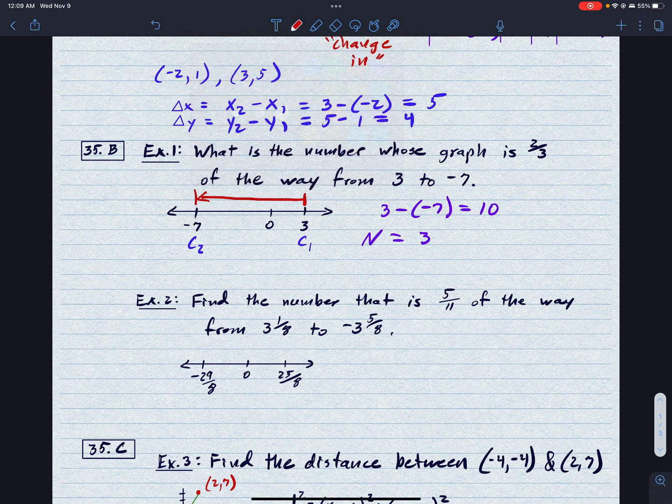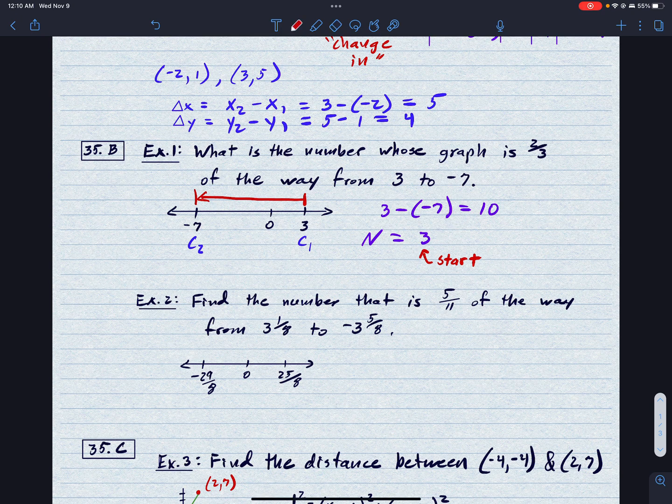We always have to be careful when doing problems like this. This is the part that most students forget. We have to start at our starting point. It says 2/3 of the way from 3 to negative 7. So we have to start at 3. And then the distance between them is 10, and so it's 2/3 of 10 that we are moving.